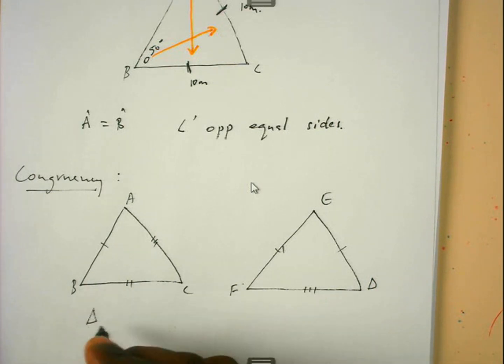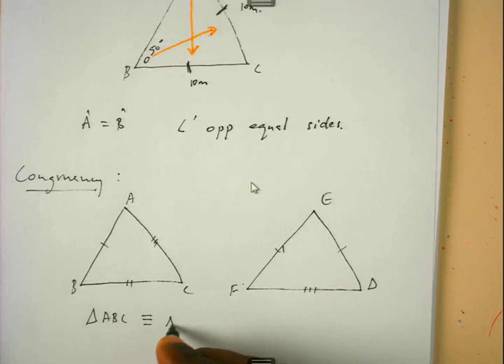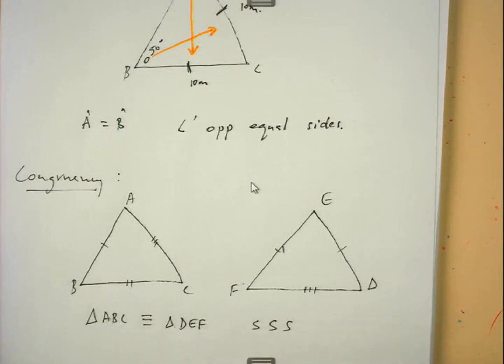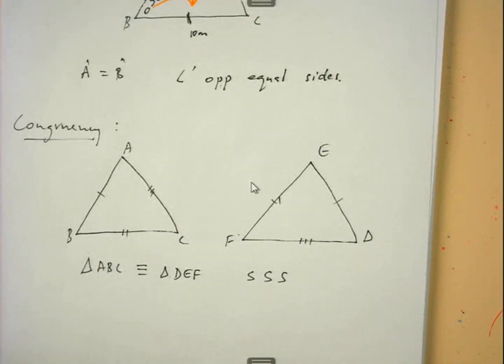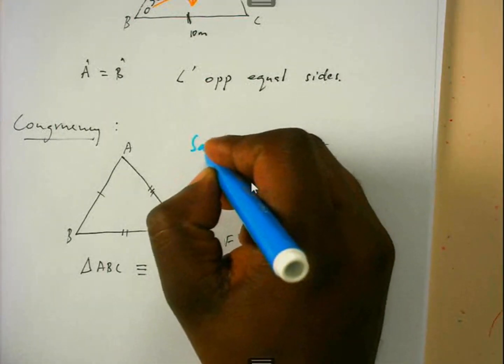And this is the sign. Triangle ABC is congruent to triangle DEF. And the reason there is side, side, side. In congruency, you compare two triangles. And what does congruency mean? Congruency means that these two triangles are the same in shape and size.